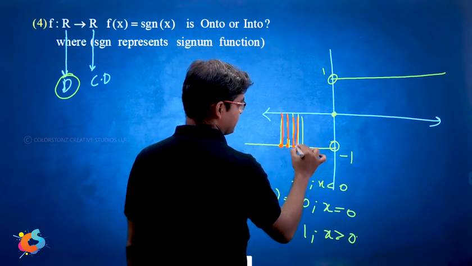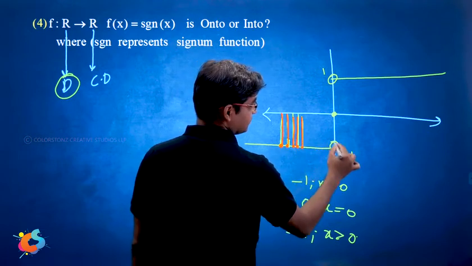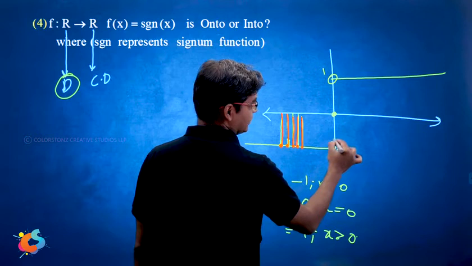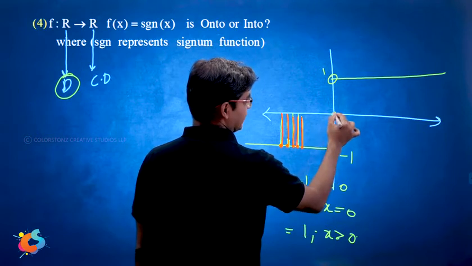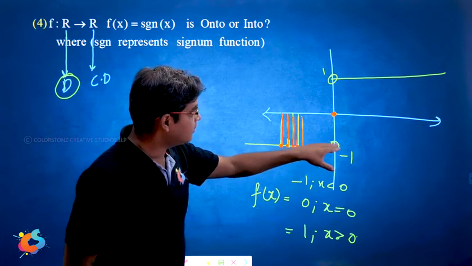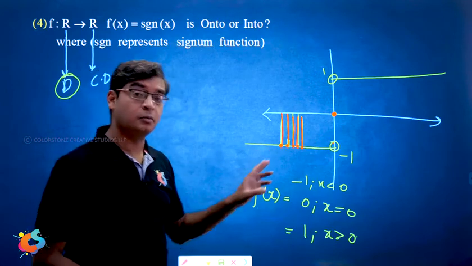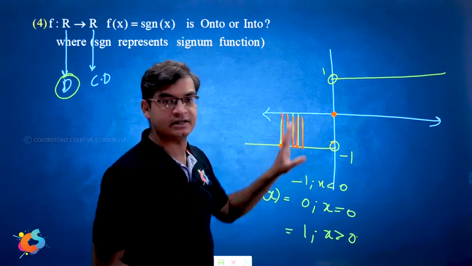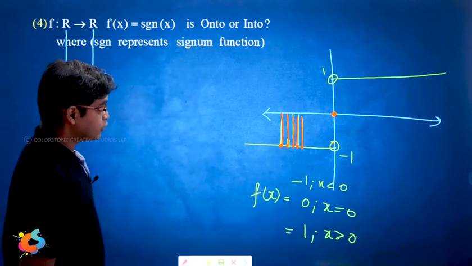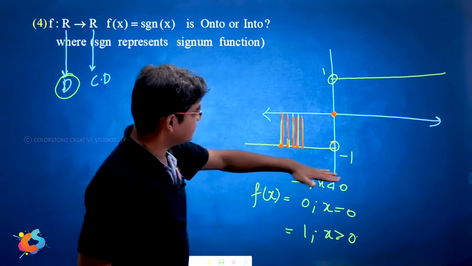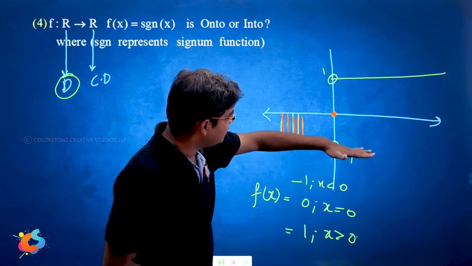And the y value is -1 itself. This ball is saying that at x is equal to 0, y value is not here, it is here. So at x is equal to 0, the point is here. That is why a hollow ball is put here, so that you understand that at x is equal to 0, the y coordinate is not here, it is here. That's all.